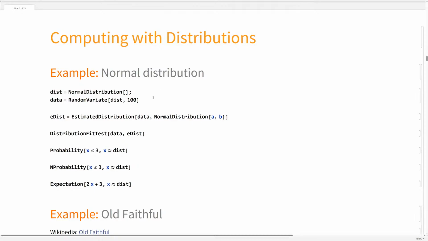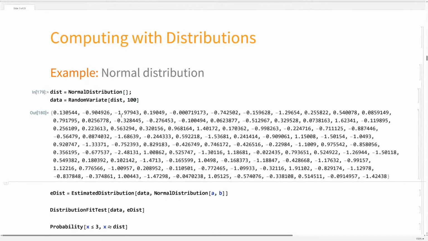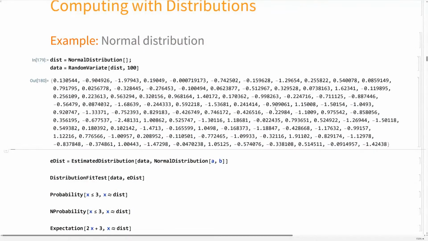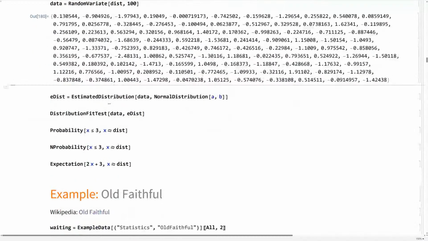Well, the first example is the basic normal distribution. We're generating some random variates from this distribution, which means these 100 points are all based on this normal distribution.